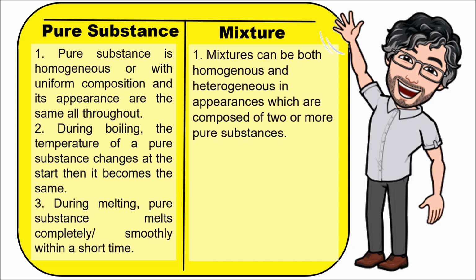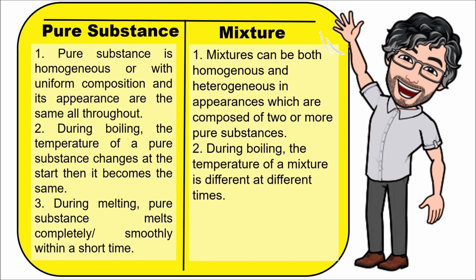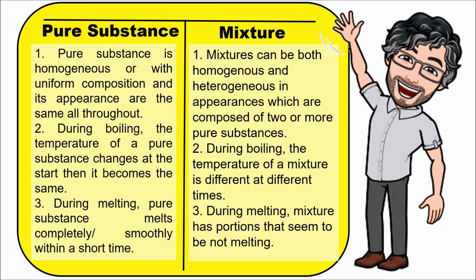Mixtures can be both homogeneous and heterogeneous in appearance, which are composed of two or more pure substances. During boiling, the temperature of a mixture is different at different times. And during melting, a mixture has portions that seem to be not melting. Are you all correct? Awesome!